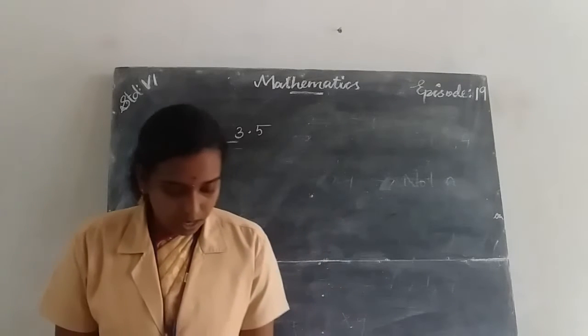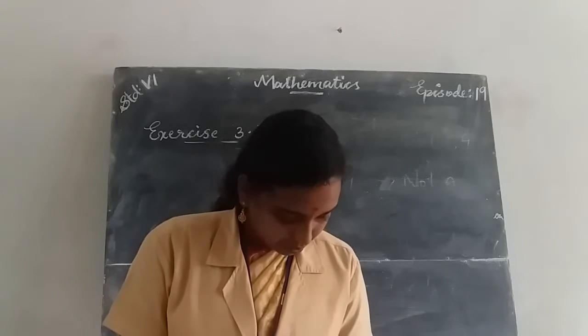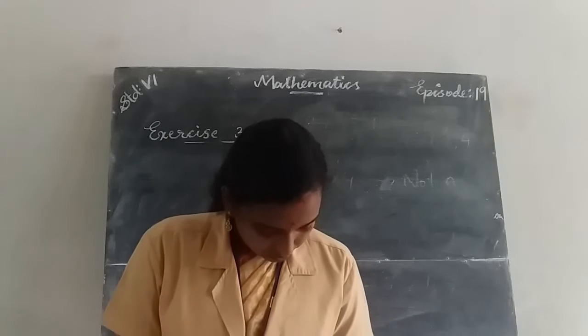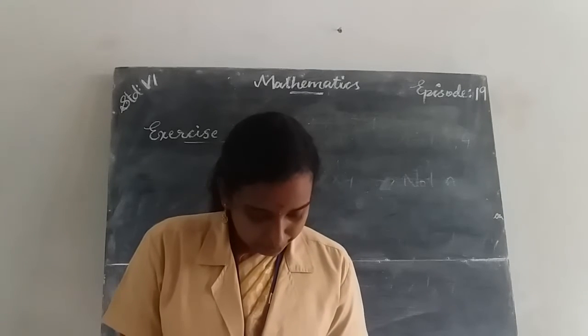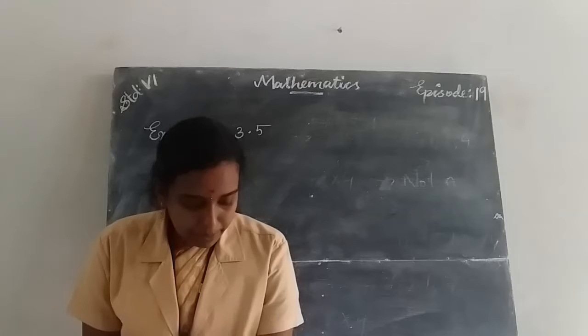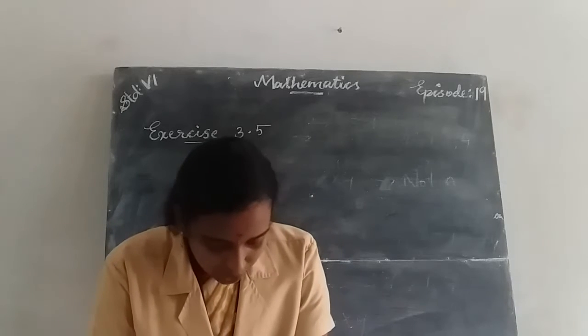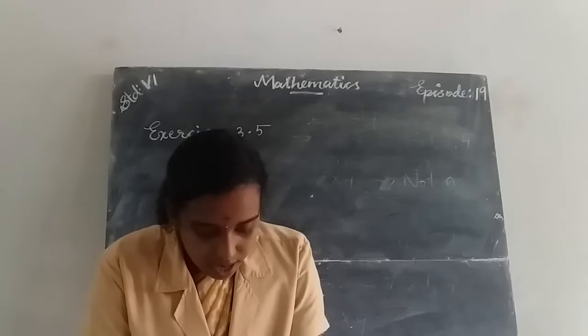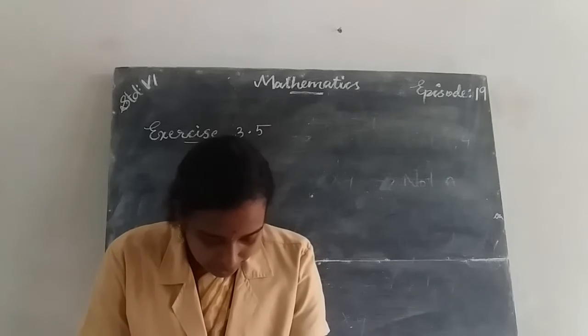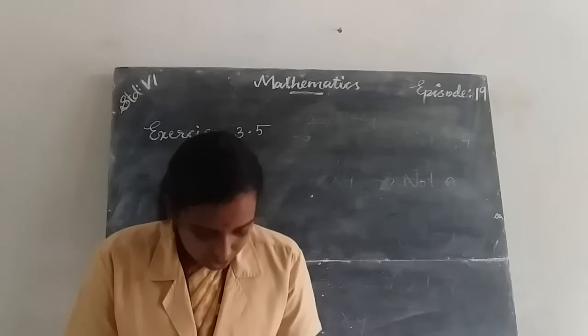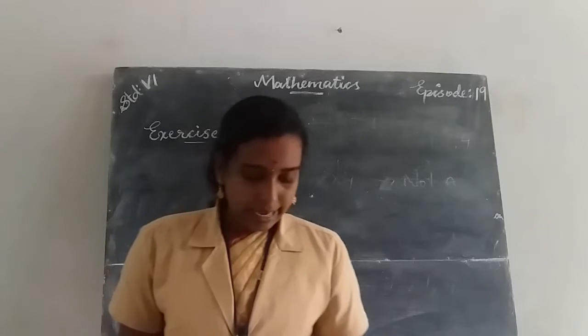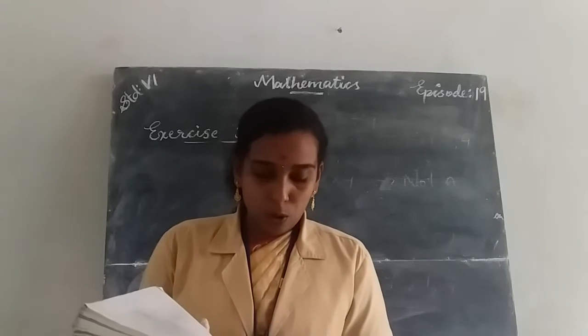So let's move to the next question, question number 10. Determine if 25,110 is divisible by 45. Here 5 and 9 are co-prime numbers.